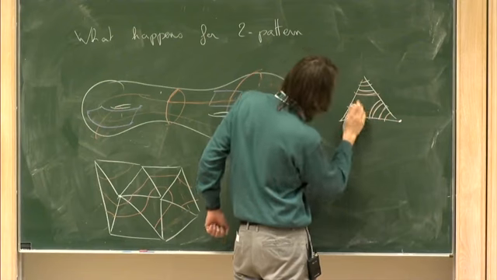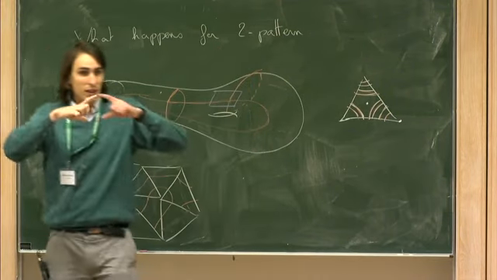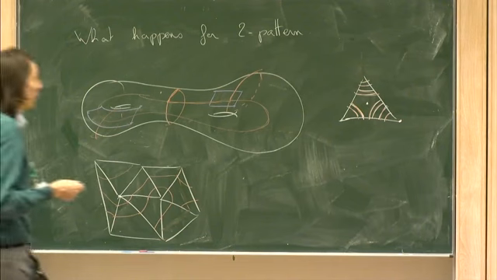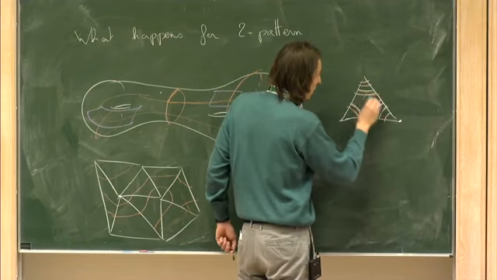So everything that's around the central part of the triangle is not going to be parallel.